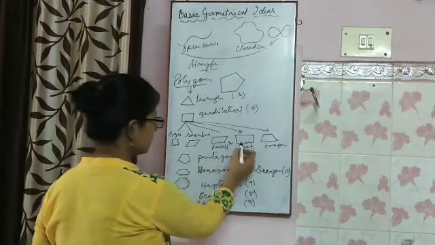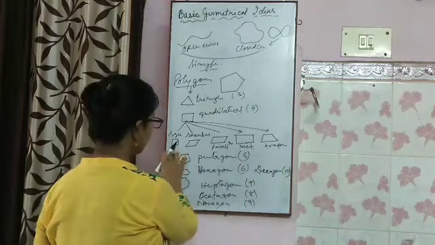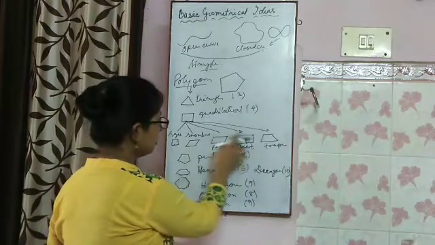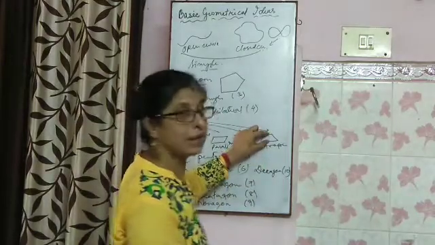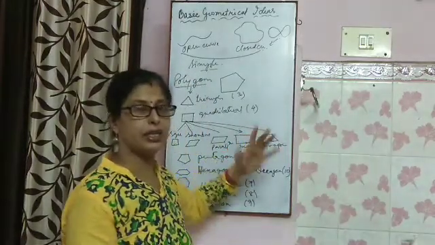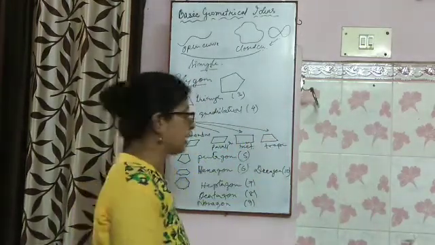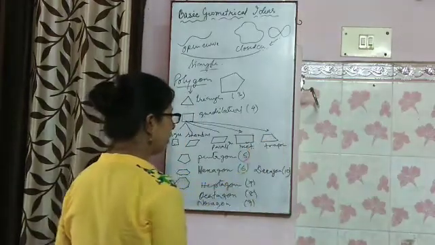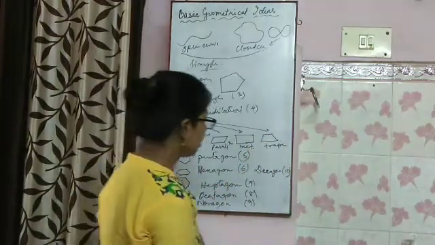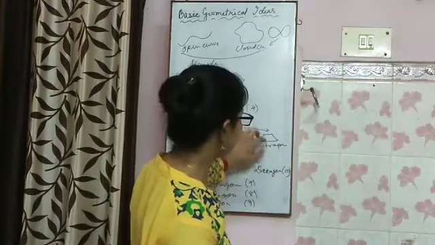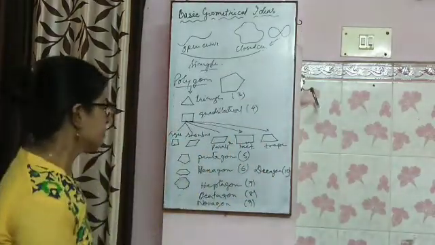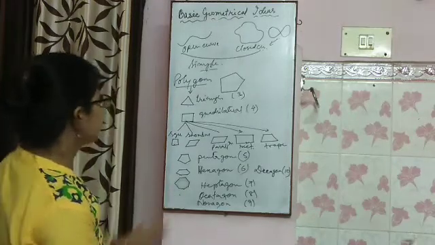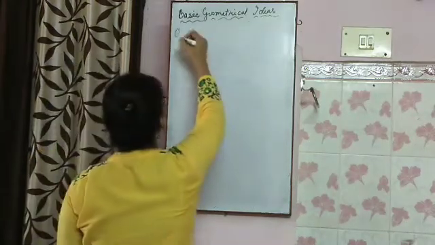Each of the angles is 90 degrees, but in a square all 4 sides are equal, while in a rectangle the opposite sides are equal. A trapezium has 2 parallel sides and the other 2 are non-parallel but may be equal. So a trapezium is a figure which has 2 parallel sides. So these are the patterns of the polygon.